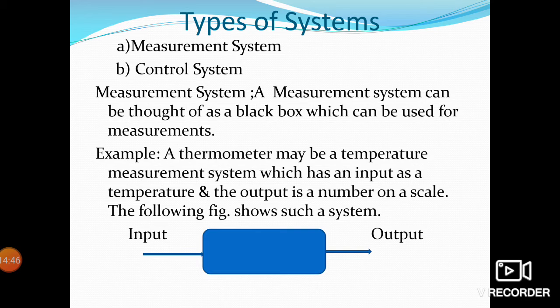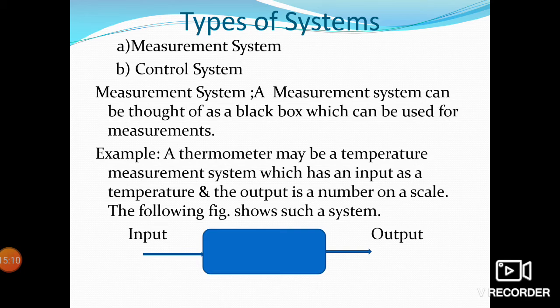Example: a thermometer may be a temperature measurement system. A simple thermometer we consider as a temperature measurement system, which has an input of temperature and an output as a number on a scale. That is called the graduated scale. You see on the scale how much movement is taking place.